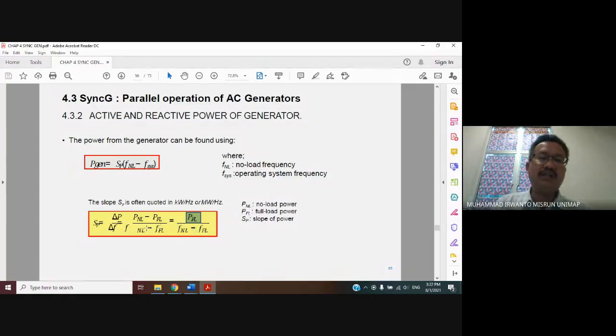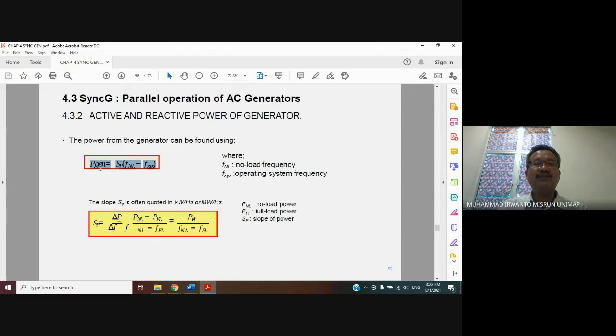Now, when we have obtained the value of the slope of power-frequency, we can find the power generated by the synchronous generator.